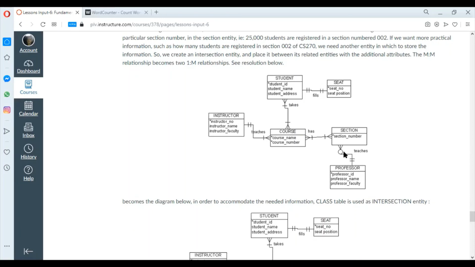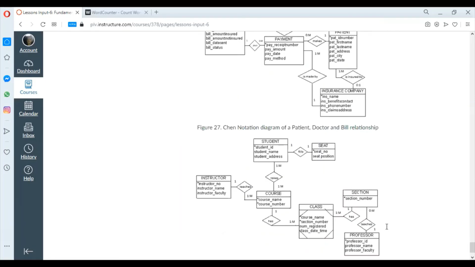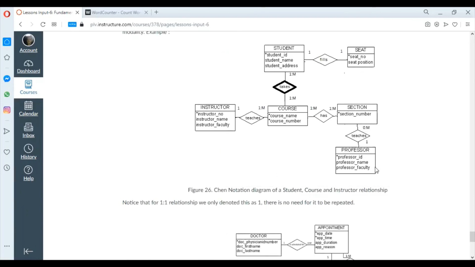And then we have here 0 or many. Then we have here 0 or many. So that is how you would convert from crow's foot to Chen and Chen to crow's foot.